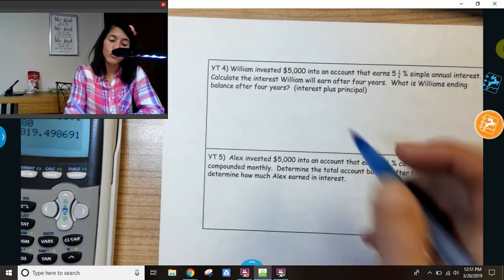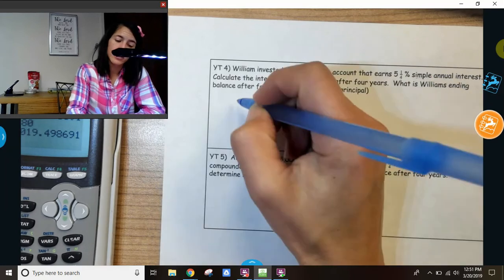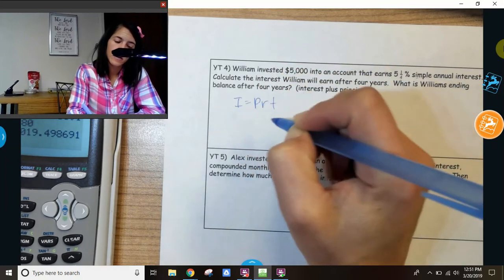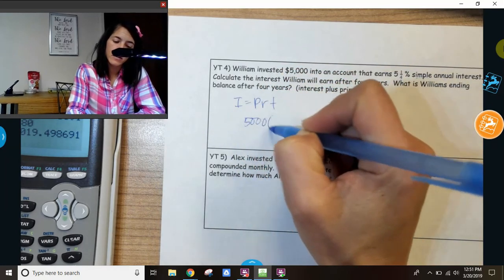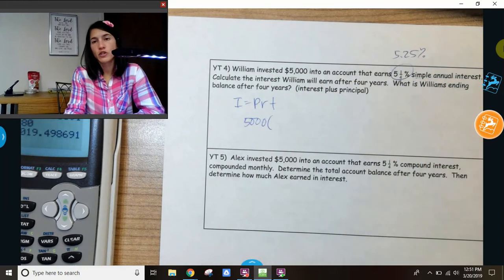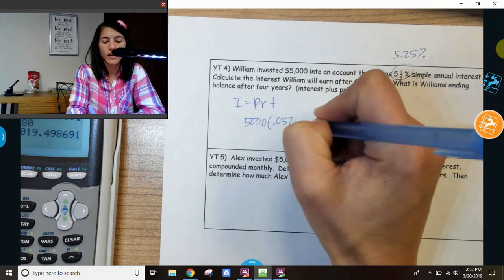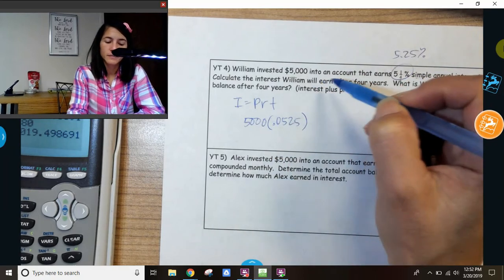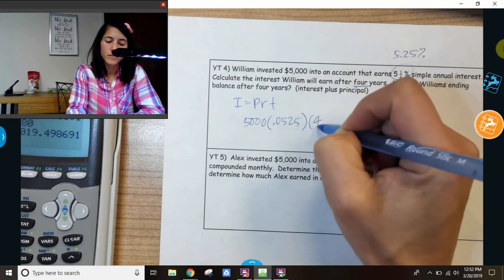All right, so you try 4 is simple interest. $5,000, 5.25%, so 0.0525, for 4 years.